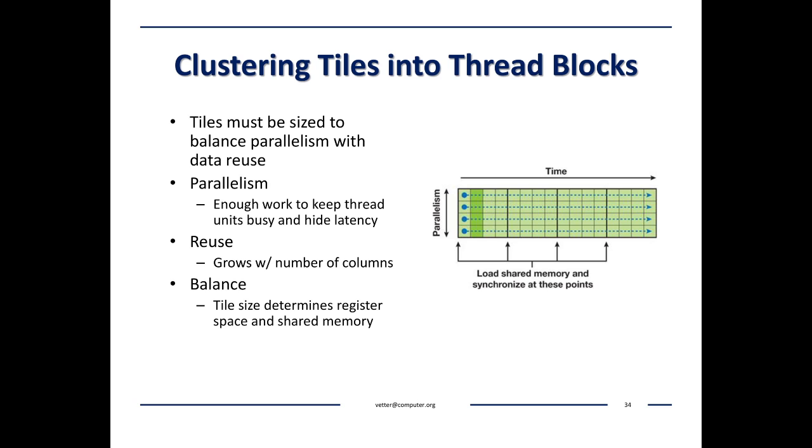And your parallelism is here, and you're computing sequentially across each one of those rows. And again, the exact number is something you just have to determine with the GPU that we were looking at, and then you'd have to balance that against how much register and shared memory space you have.